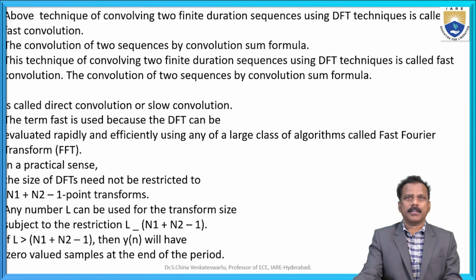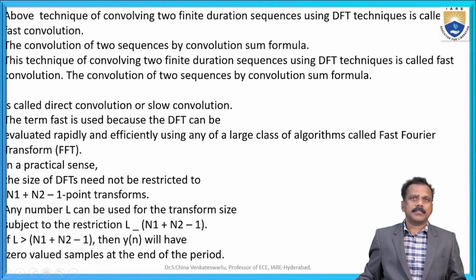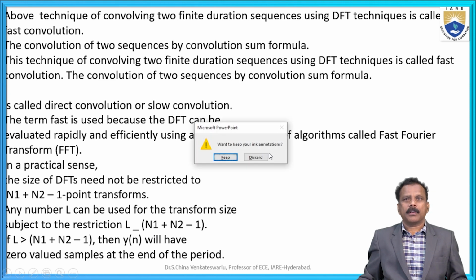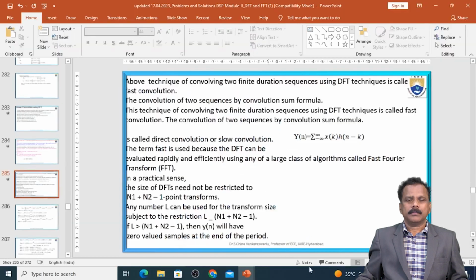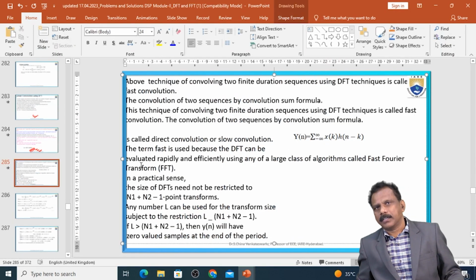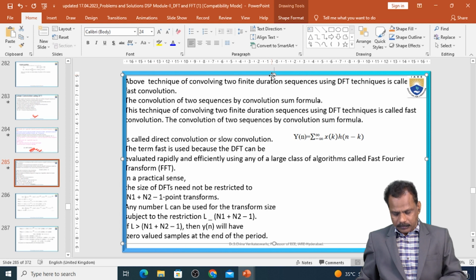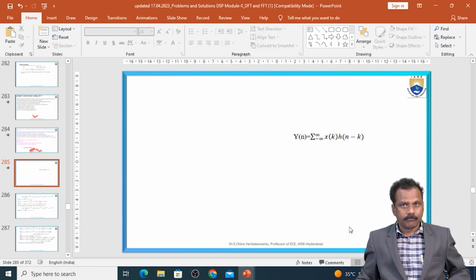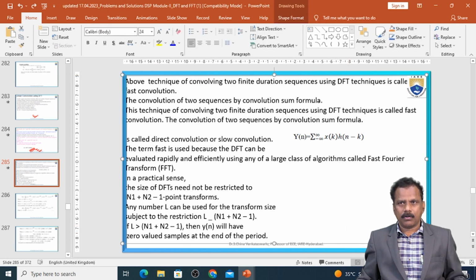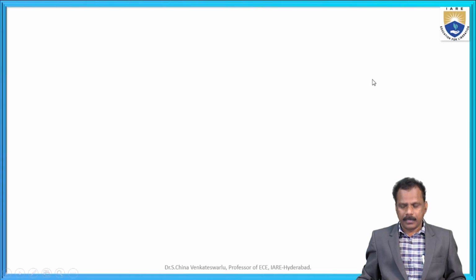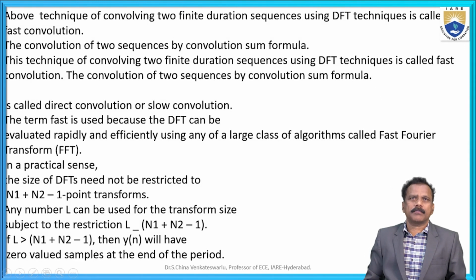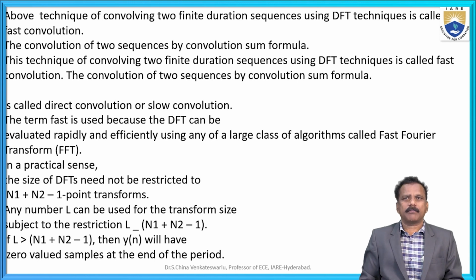The fast convolution is depending upon the case involving the convolution of the two sequences by the convolution sum formula.